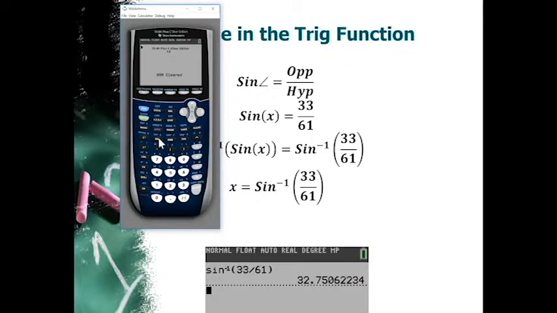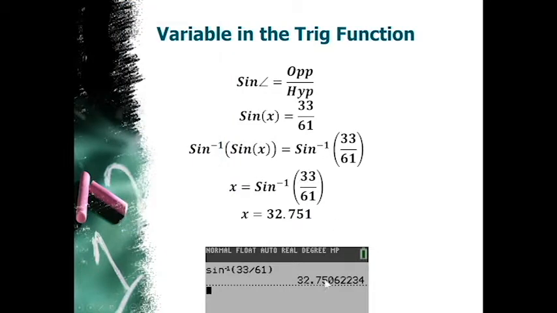So here's my sine key on my calculator. Directly above it in light blue is the inverse sine. If you have any TI-84, you'll see it in that position. To get that function, you would have to use the second key and then the sine, and they'll type in the inverse sine for you. So our answer to this question is we have a 32.7 degree angle.